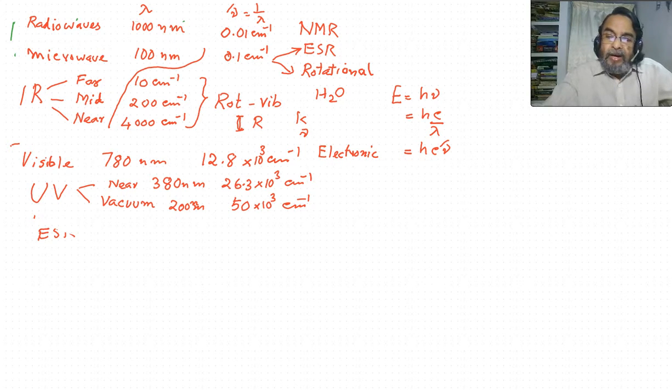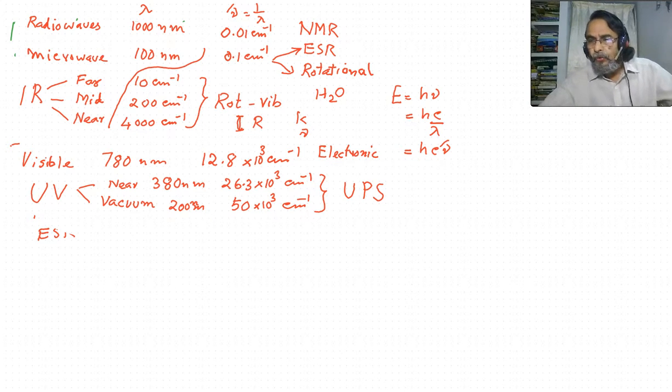So vacuum ultraviolet and near ultraviolet regions are suitable for the study of ultraviolet photoelectron spectra, called UPS for short. Ultraviolet photoelectron spectra is possible in this region.